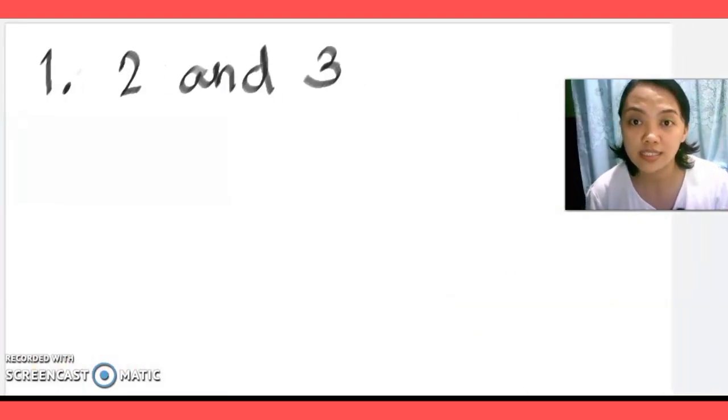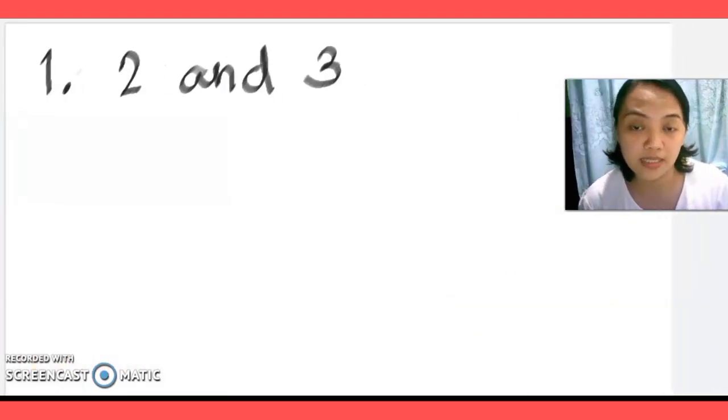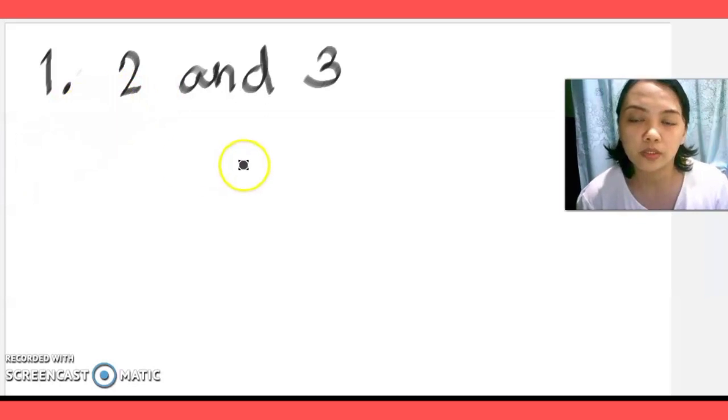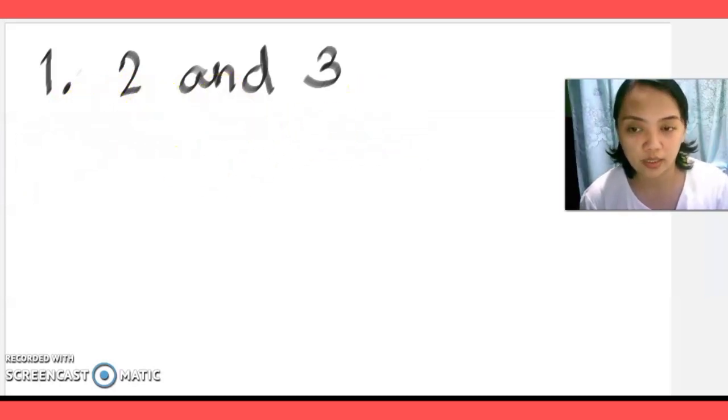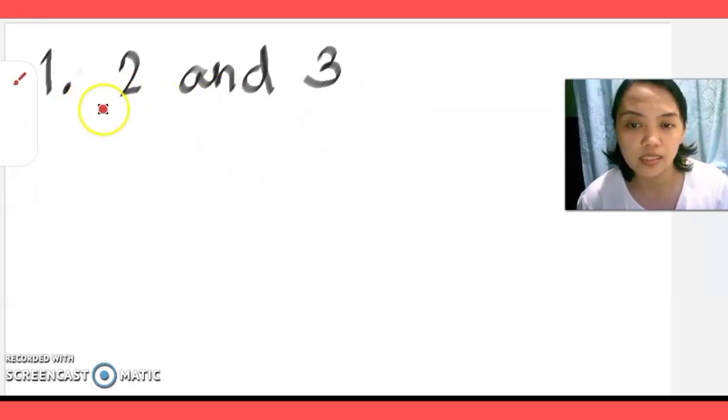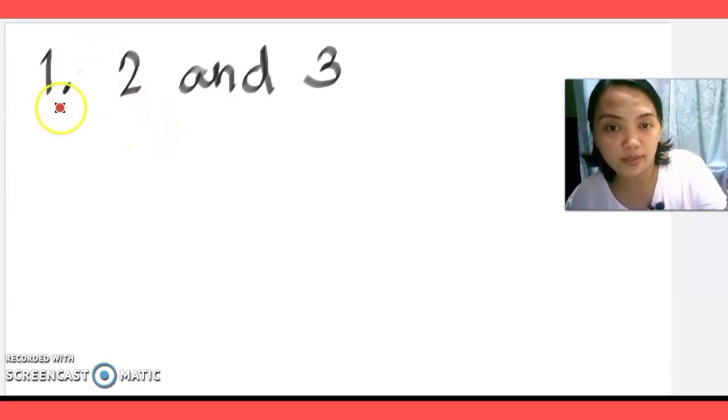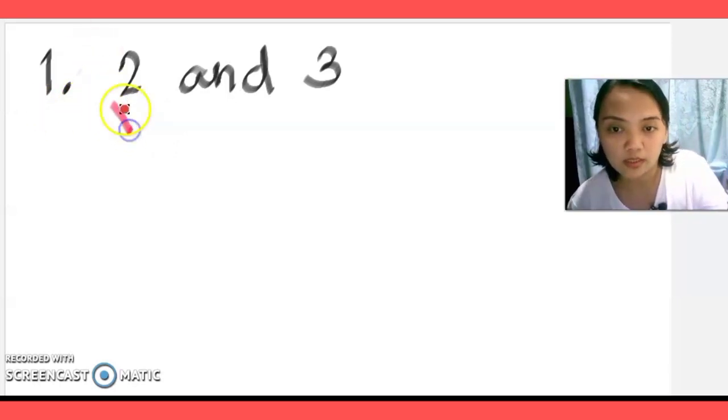Okay, so let's have some examples. For example, number 1, the roots are 2 and 3. First, let us identify ano yung x sub 1 natin. So, si 2, ito yung ating x sub 1, and si 3, si ating x sub 2.